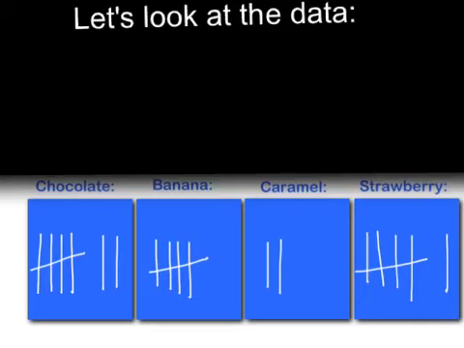Have a look at the data down below here and see if you can quickly work out which flavour was the most popular. Okay, well, because chocolate had 7, strawberry had 6, banana had 5, and caramel just 2, we can see that chocolate was the most liked flavour.